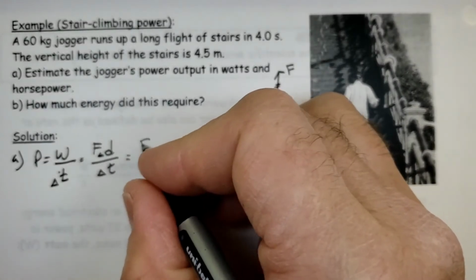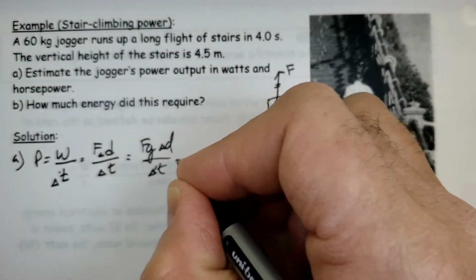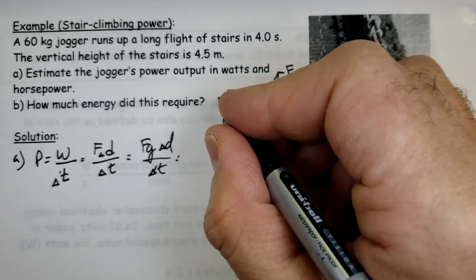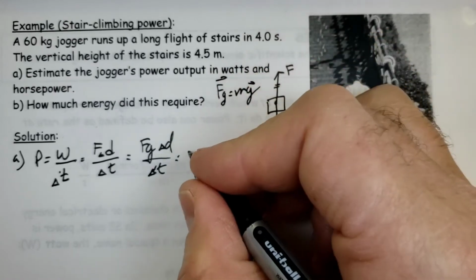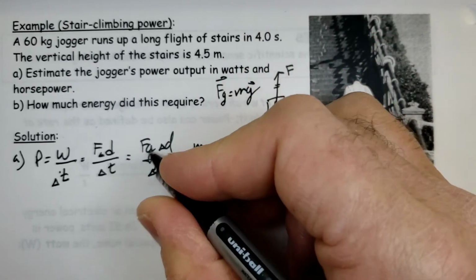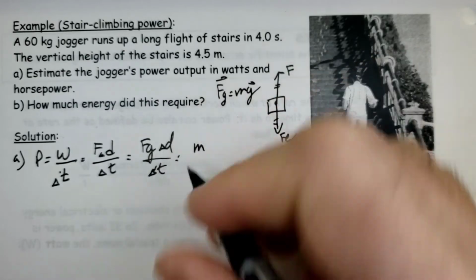So we could say Fg d. And of course, Fg is mass times gravity. So we could substitute, and realize that this little g here is a subscript g.